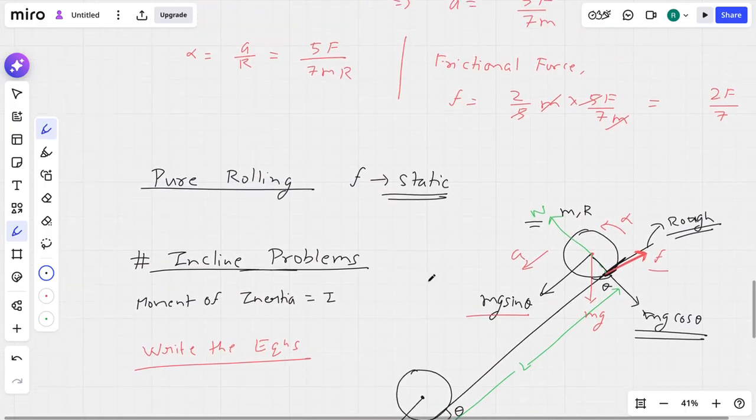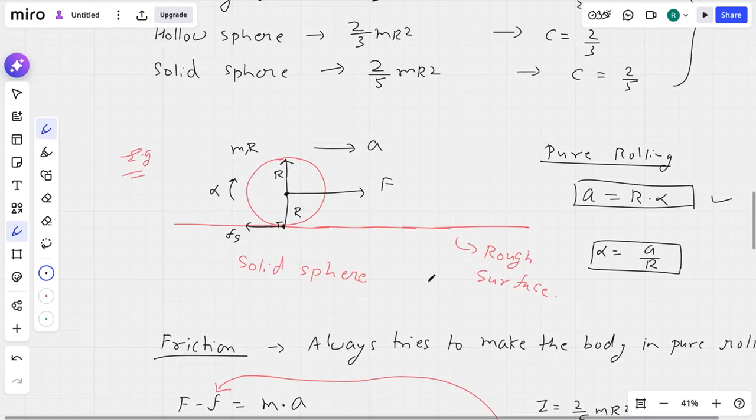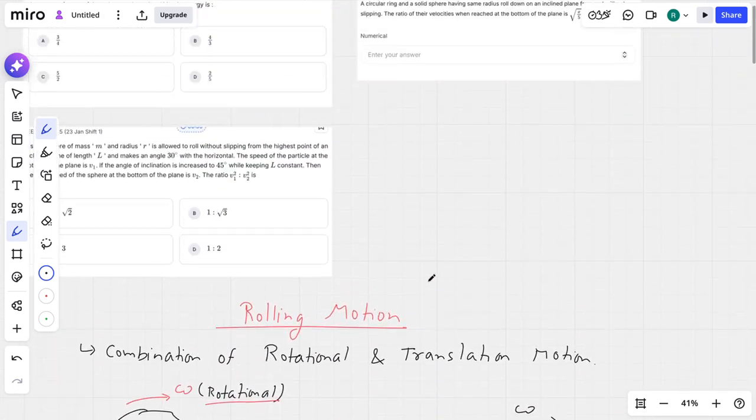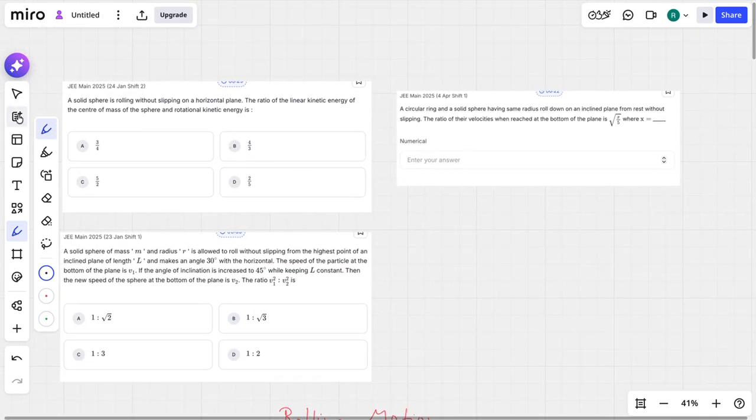Let's discuss some problems from JEE Mains previous year questions and see if we are able to solve such problems or not. So let's talk about this problem.